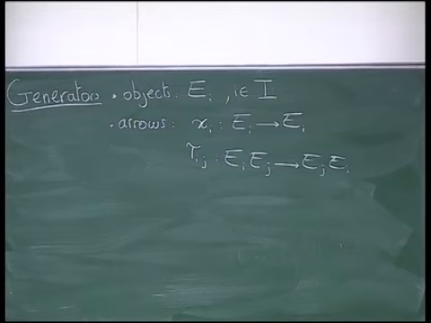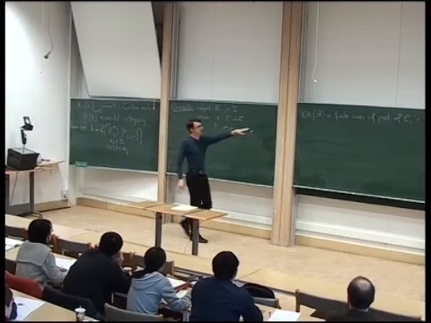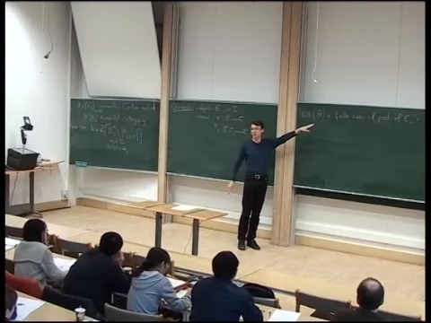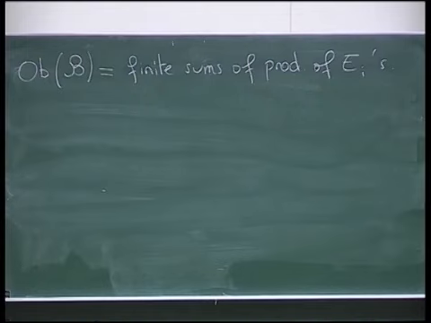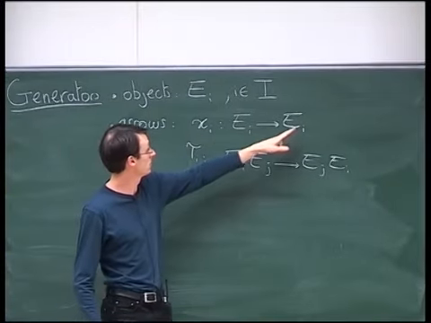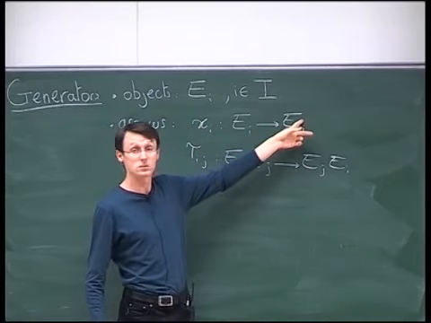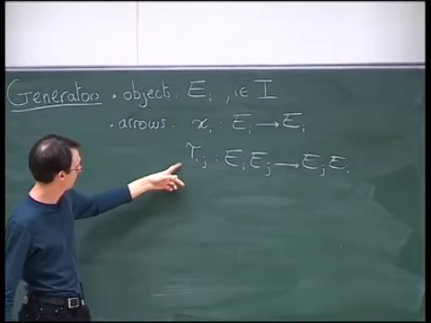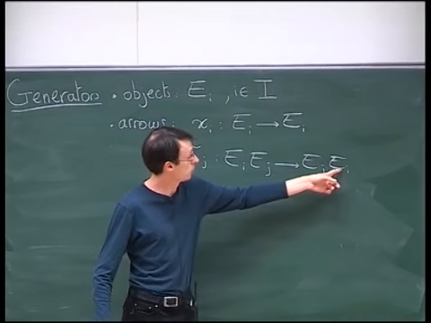So that means in this category, the objects are fairly easy to say what they are, but the arrows are now very complicated, because you can compose arrows in two ways in a monoidal category. You can take compositions, so you can look at things like x_i squared going from this object to itself. You can apply tau_ij, and then on this object you have various endomorphisms.